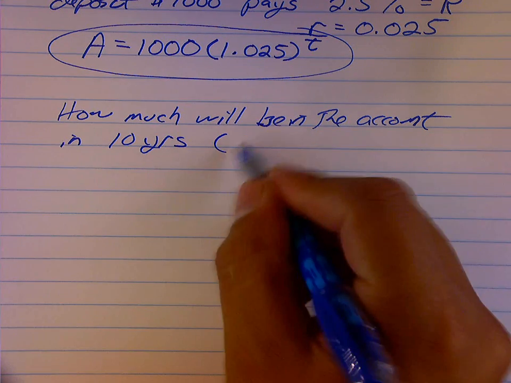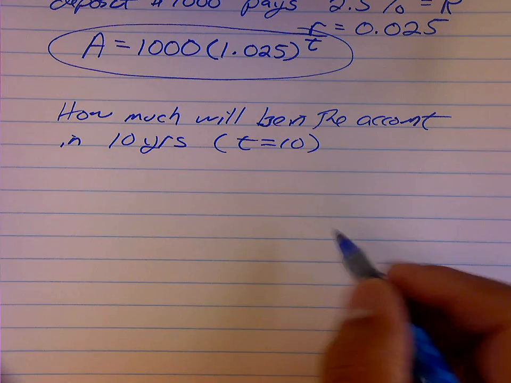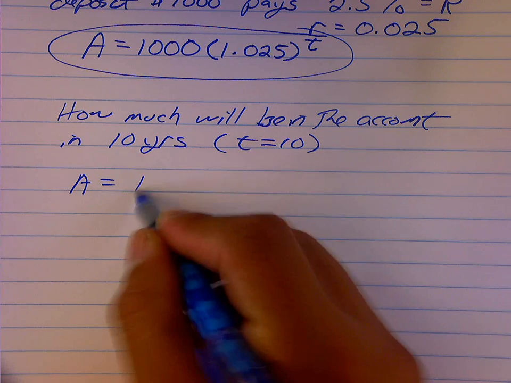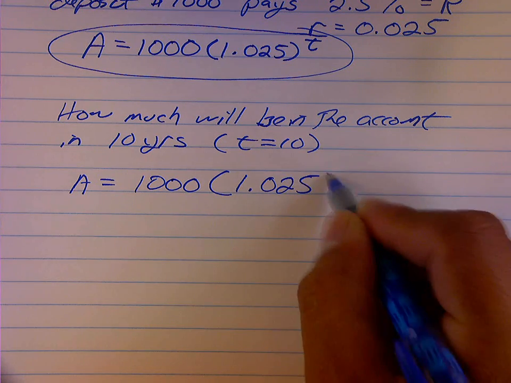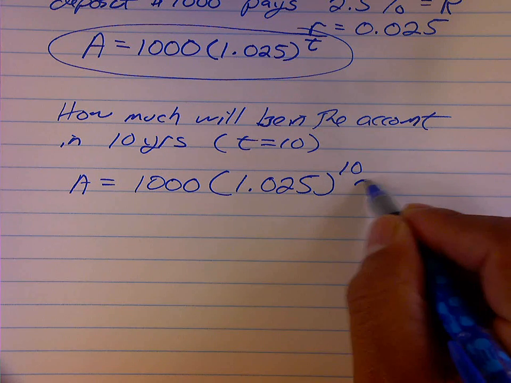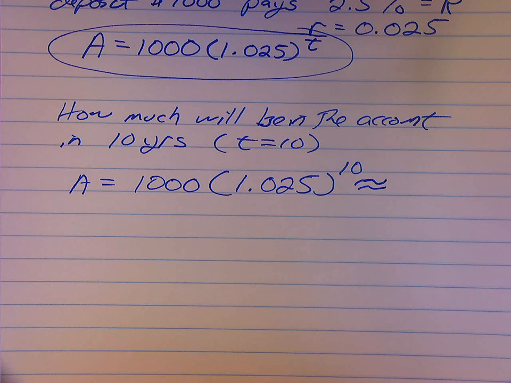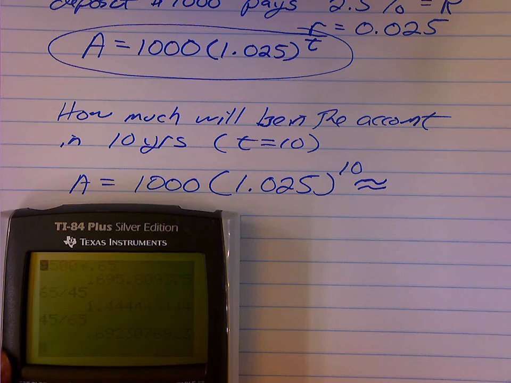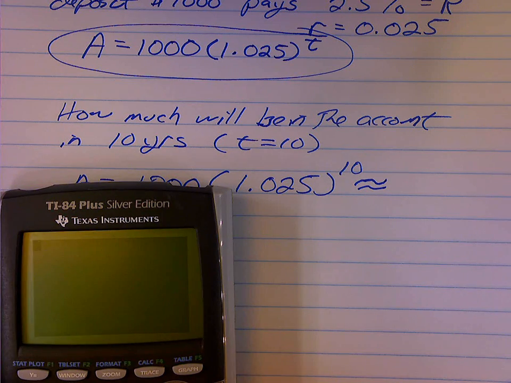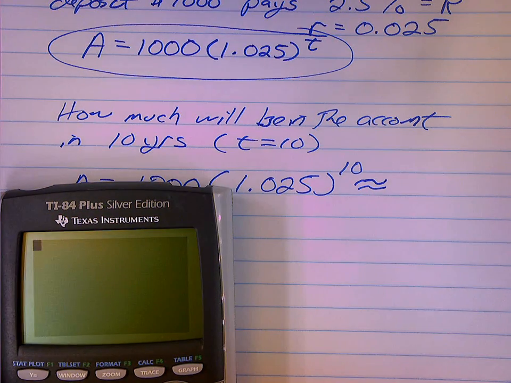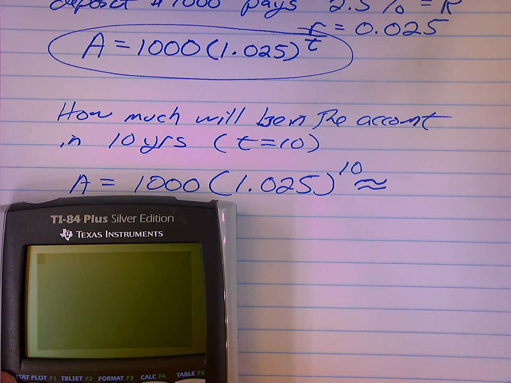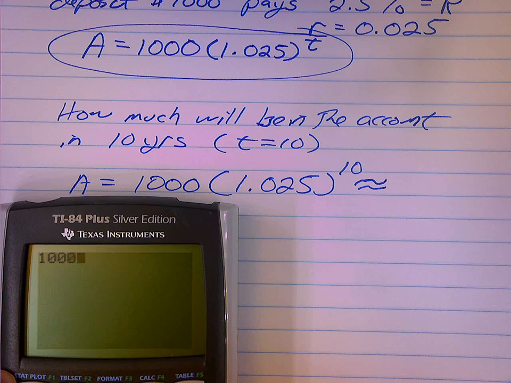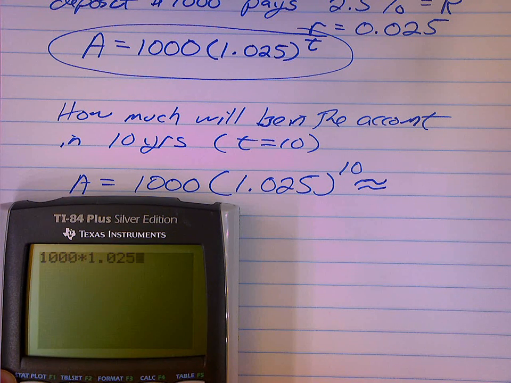In this case, all I have to do is understand that my t equals 10. So I can directly plug in and plug that in my calculator. Of course, I'm going to have to round a little bit in my calculator. Let's see, what do I have? 1,000 times 1.025 raised to the 10.